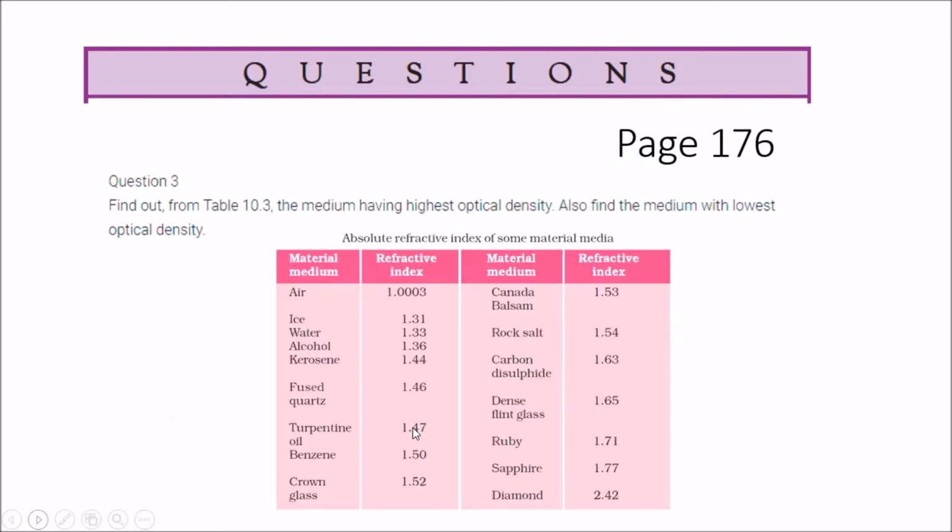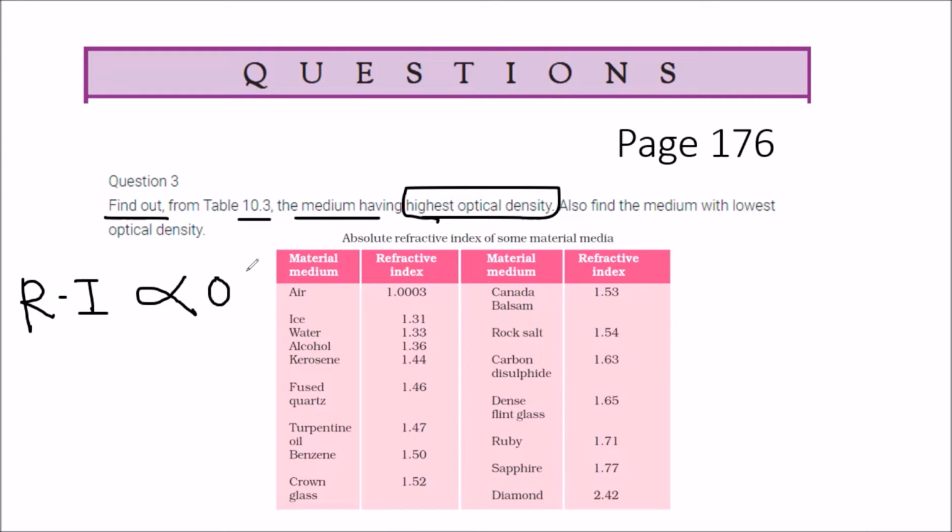Next question goes like this. If you remember this table, I told you based on the same table, we can have 4 mark questions, 1 mark questions, and 2 mark questions also. If you observe, it says find out from table 10.3, which is given here, the medium having the highest optical density. If you remember, optical density has a relation with refractive index: higher refractive index means higher optical density.